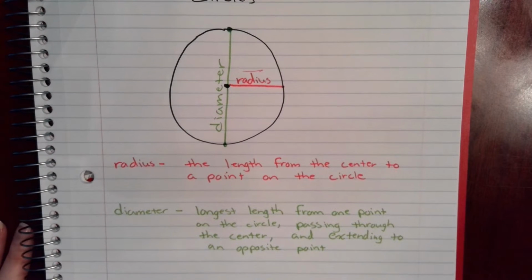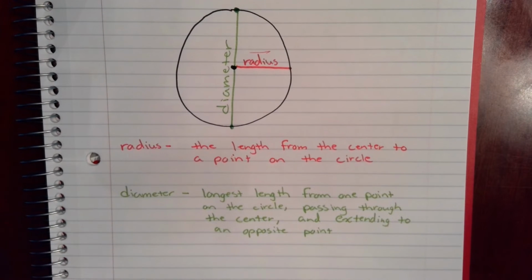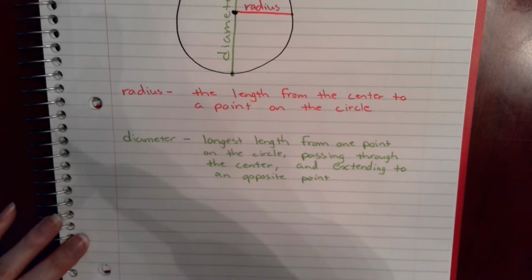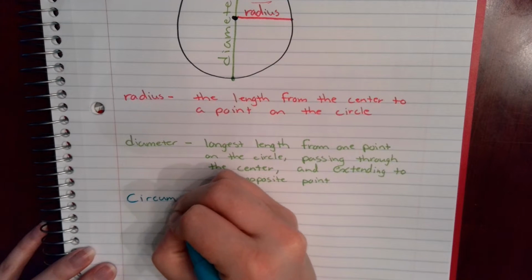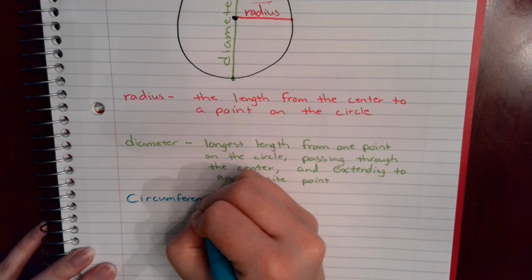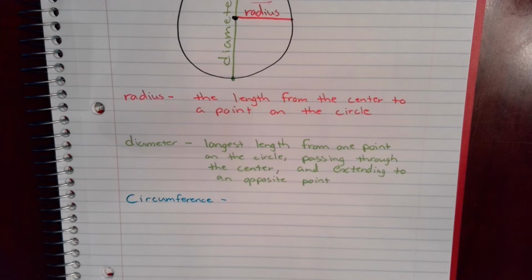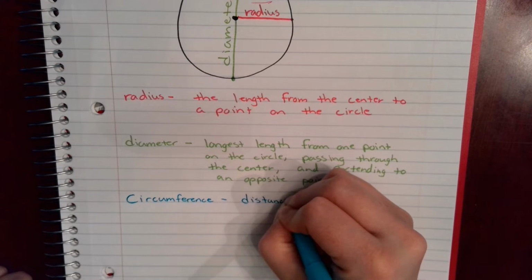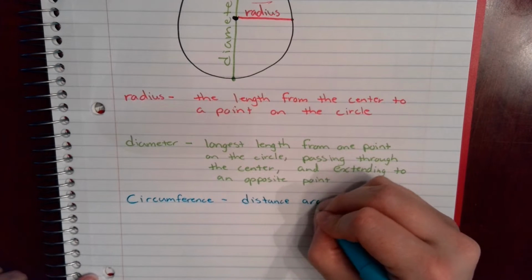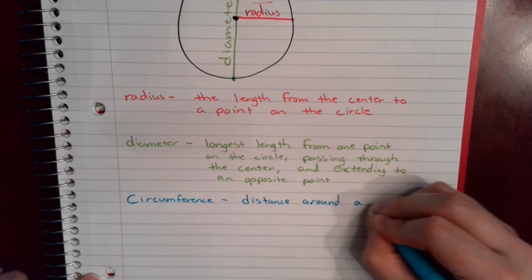Okay, then you've got what is called our circumference. And circumference is essentially the perimeter of the circle. It's the distance around a circle.